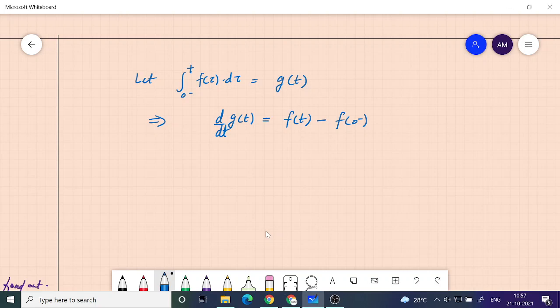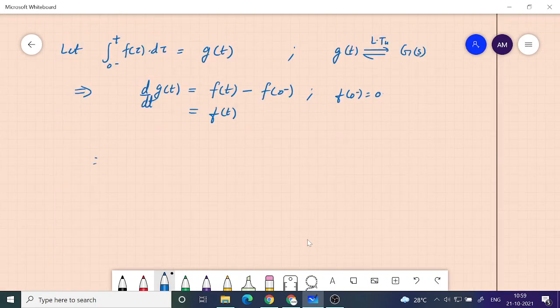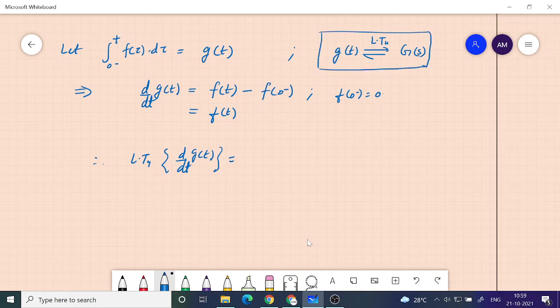So that is what we will get, and therefore the Laplace transform of d by dt of g of t will be what? This we already know. If g of t has a Laplace transform g of s, what is g of t? I am calling this g of t.